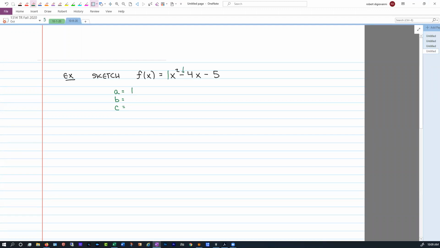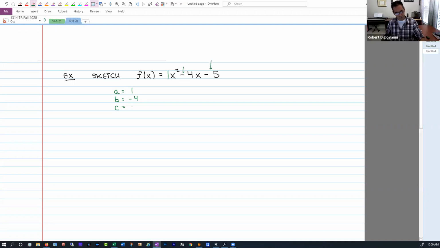Should we keep the negative? Yeah, so we'll keep the negative. We'll make sure we account for that, minus 4. And then what would c be? The number by itself. Negative 5. Okay, are there any questions on how we identified a, b, and c? Okay, well, that's the first thing you always want to do when you have a parabola. Just figure out what a, b, and c are.